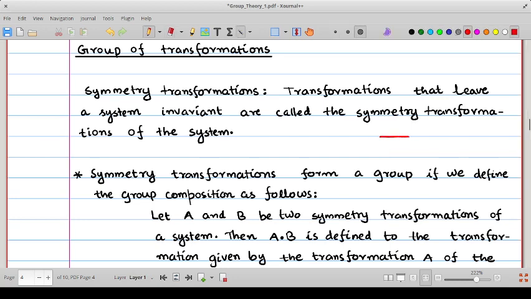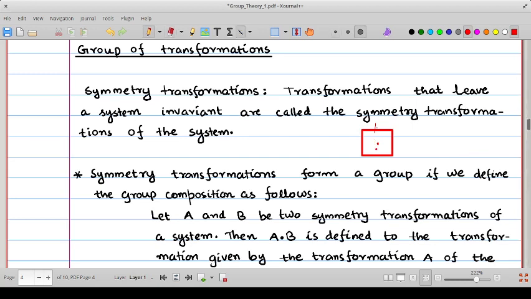Another example would be a square, and we can again consider an axis perpendicular to the plane of the square and passing through its geometric center.